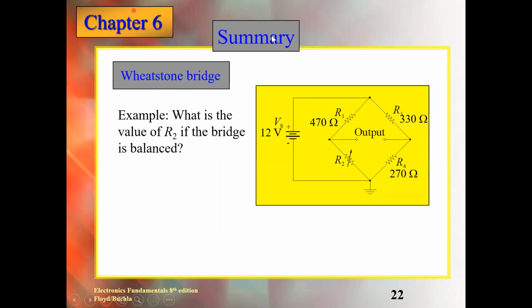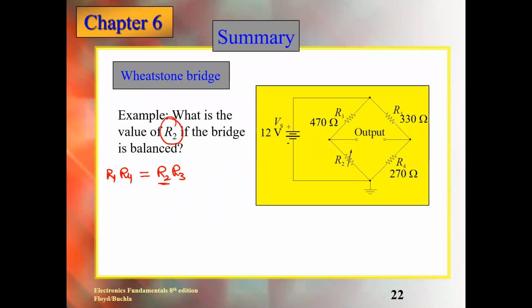I said the product of one diagonal is equal to the product of the other diagonal. That is, R1 R4 equals R2 R3.